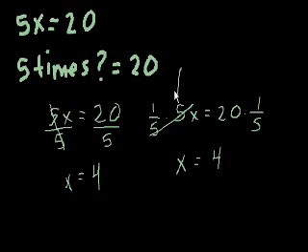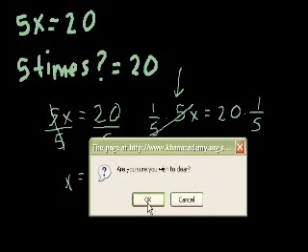I tend to focus a little bit more on this because when we start having fractions instead of a 5, it's easier to just think about multiplying by the reciprocal. Actually, let's do one of those right now. Let's say I had negative 3 over 4 times x equals 10 over 13.